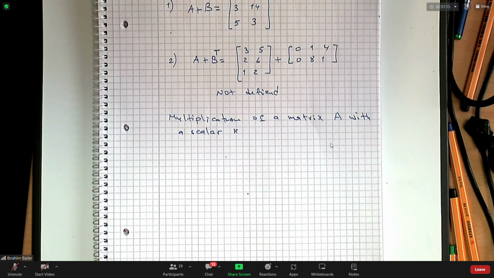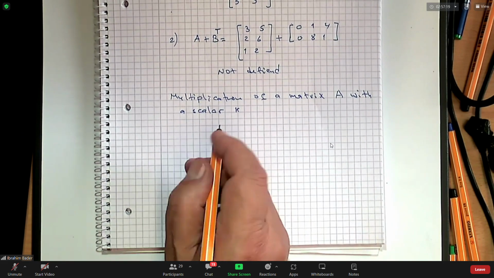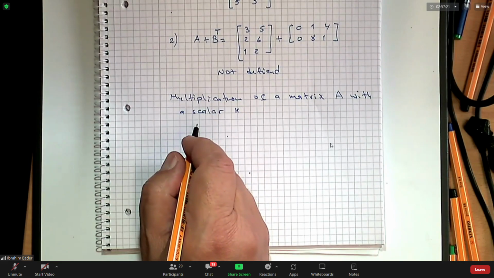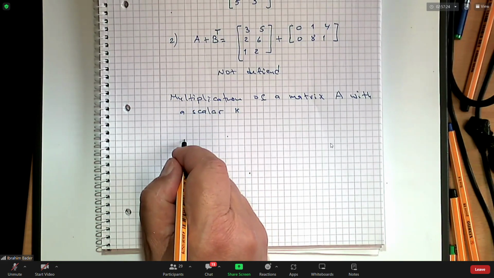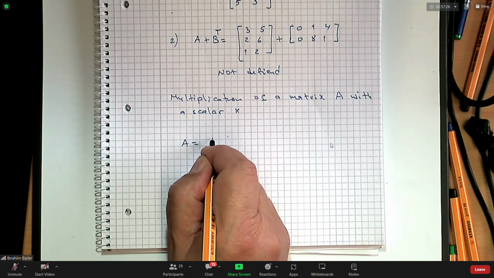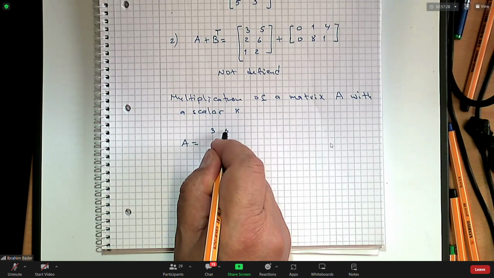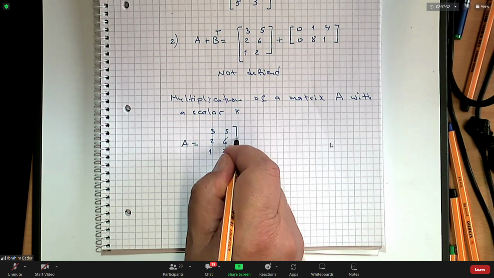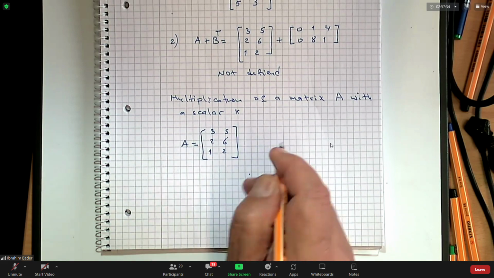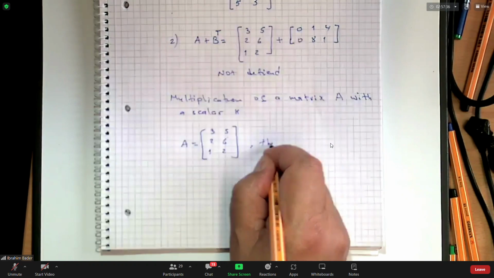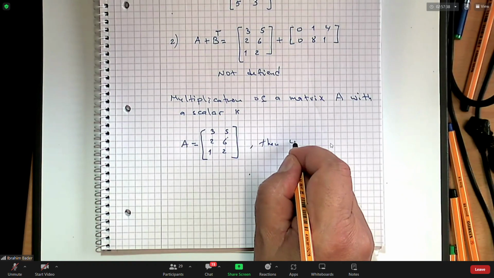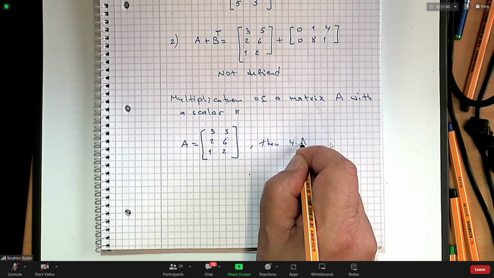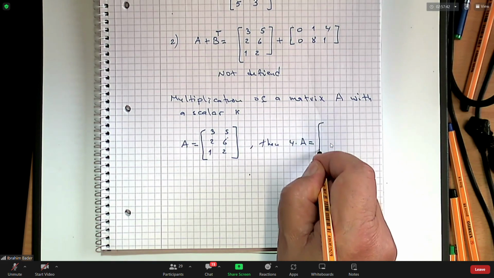Let me just give you an example. Let's take the first one here: 3, 5, 2, 6, 1, 2. It's just similar to vectors, by the way. Then let's say 4A is equal to.